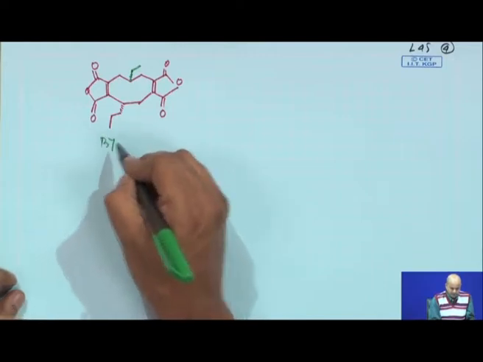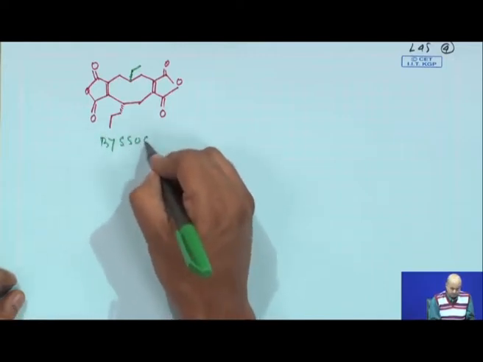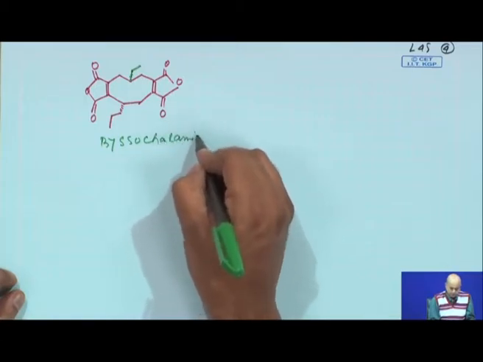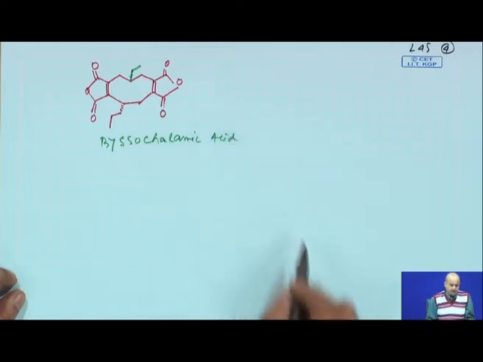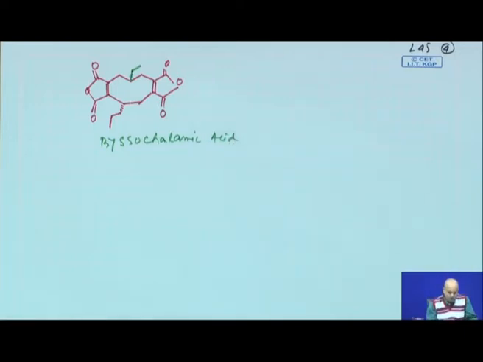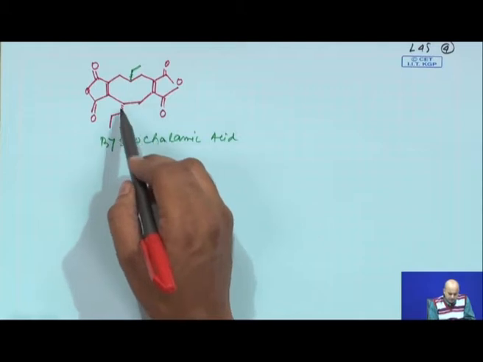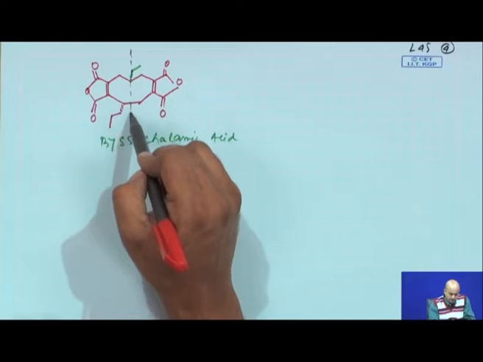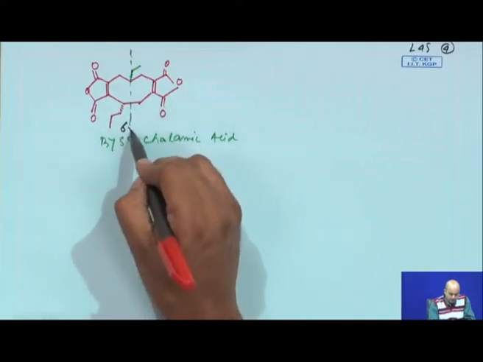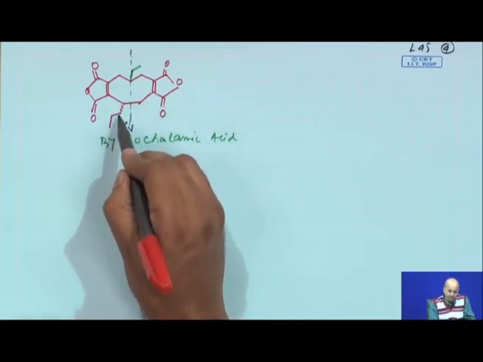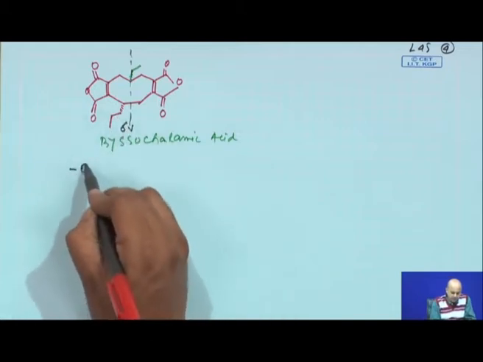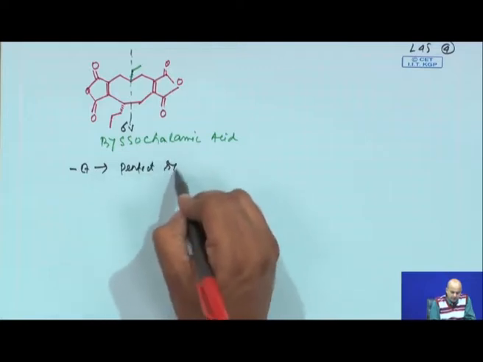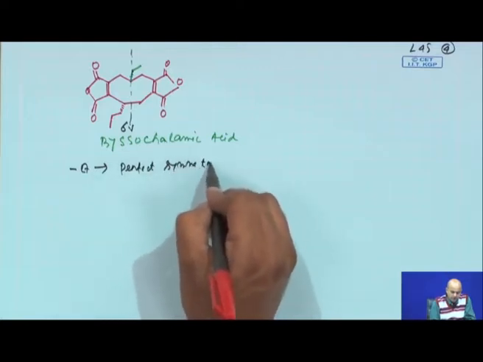Now, this is a natural product whose name is bisocalamic acid. Fine. Now, if you analyze the bisocalamic acid, it should be perfectly symmetrical in this way if there is no ethyl group here. So, minus ethyl, the molecule is perfectly symmetrical. Fine.